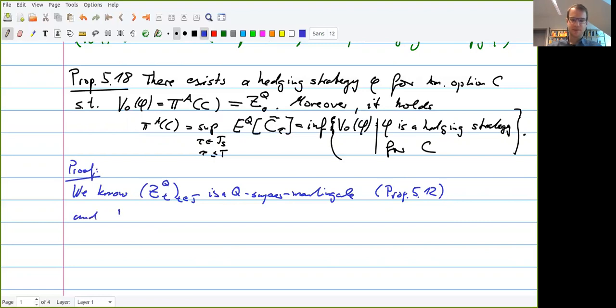And by the Doob decomposition, we know that if you have a super martingale, we can decompose it into a martingale part and a non-increasing predictable process.